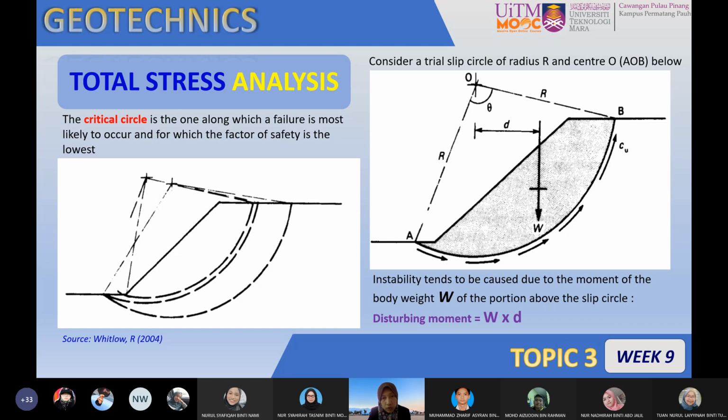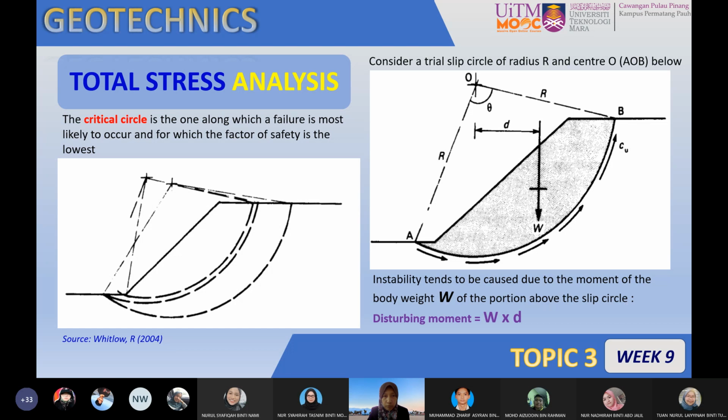At this time, when the soil mass is prone to move or rotate in this direction, there is another resisting force that resists the movement, coming from Cu and r theta.